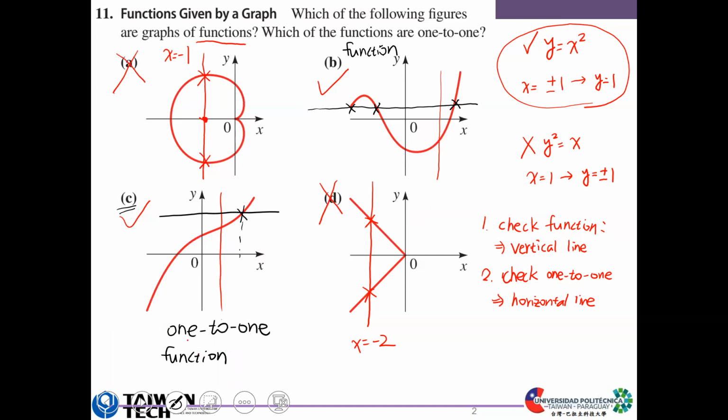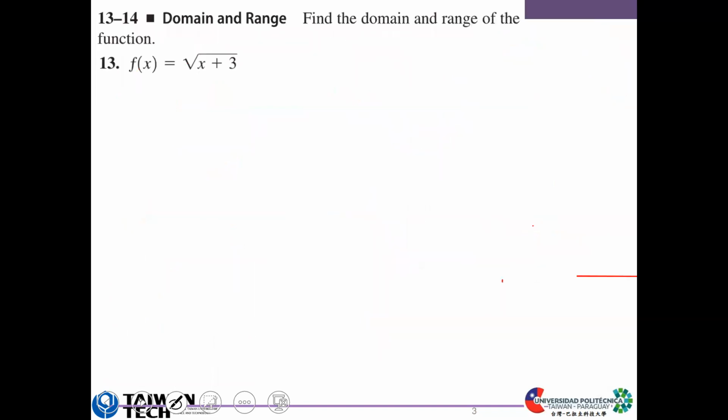And then we look at the next problem, which is problem 13. Find the domain and range of the function. Domain is the scope of input. For the square root, if x and y are both real numbers, we need what is inside the square root to be positive, or larger or equal to 0.